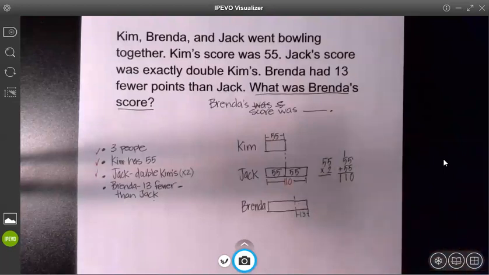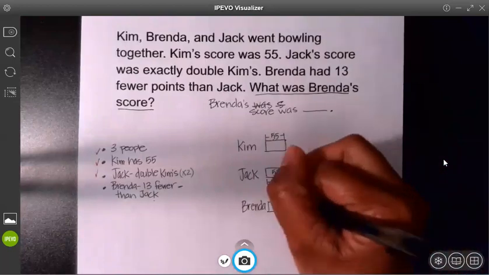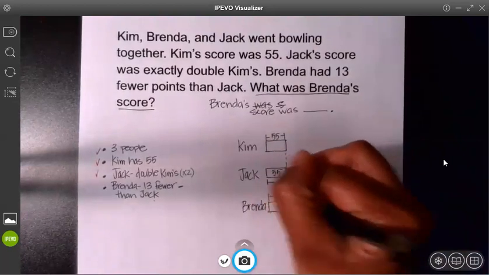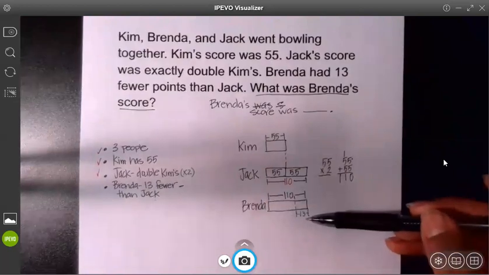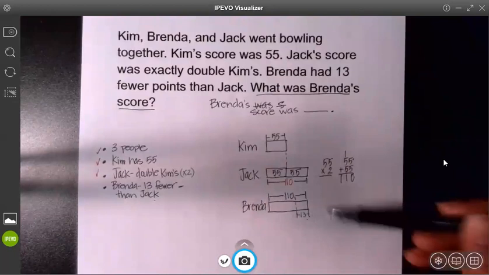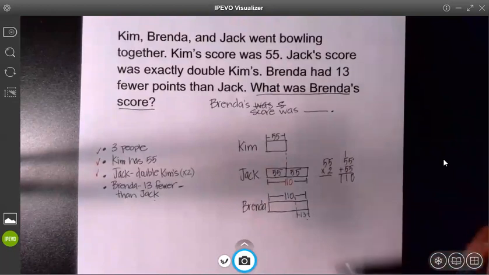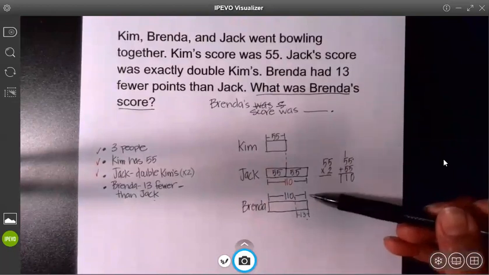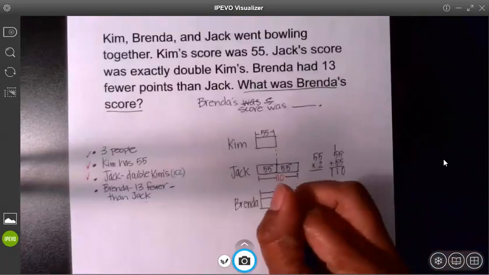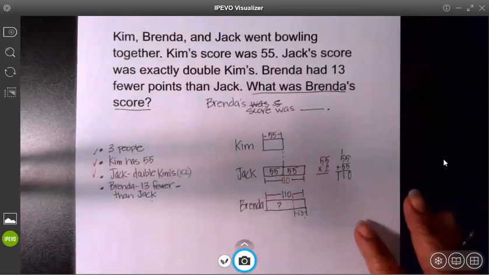Okay, so now if Brenda's bar is the same size as Jack's, that means that this total will be 110 for Brenda's bar. But we also see that we need to take 13 away. So remember what I told you earlier, if you have a total and a part and you're missing a part, what do you need to do?